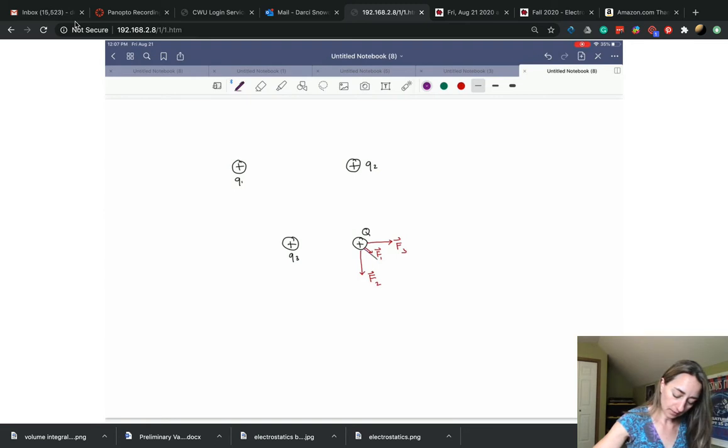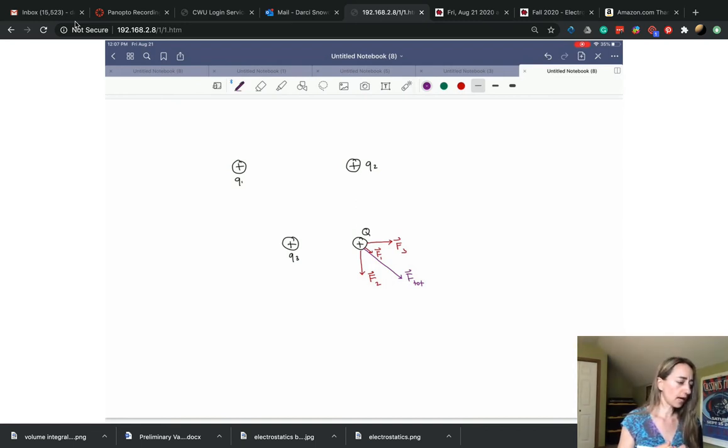Again, the length is not going to be exactly right. The direction's pretty close to right. Okay, I'm going to end up with a net or a total force that's going to point down and to the right. Okay, so again, this is what we're trying to do. You guys have done something like this. We're just going to define it in our new terms.